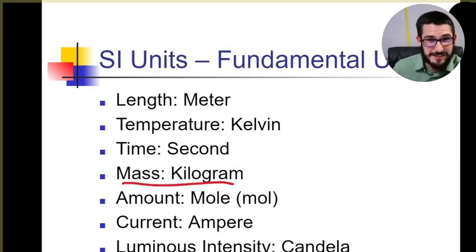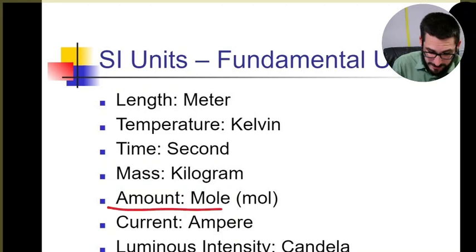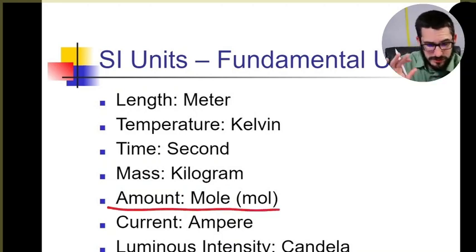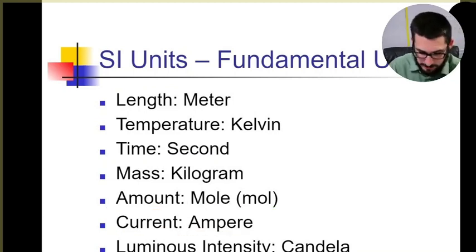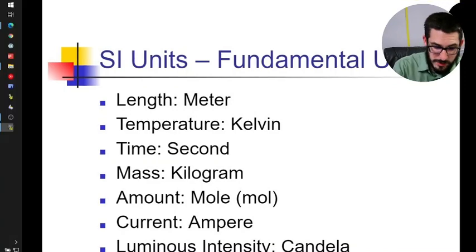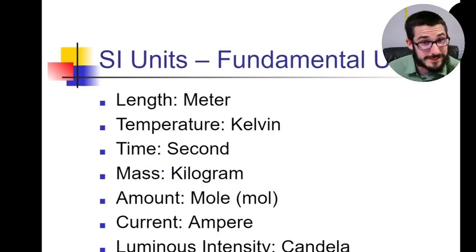Mass is in the kilogram, which is a little weird because it's the only one that has a prefix, but that's the way it is. And amount is the mole. That's the amount of something. And we'll deal with that in the next unit some more. Current is ampere, and luminous intensity, so how bright something is, is based on the candela. Those are the fundamental units in chemistry.